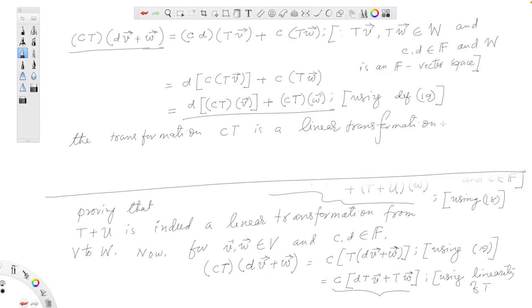Now I leave it as an exercise for you to show that with respect to the vector addition and scalar multiplication provided in equations 18 and 19, the set of all linear transformations from the vector space V to the vector space W is going to satisfy all the axioms of a vector space listed at the start of lecture 6.